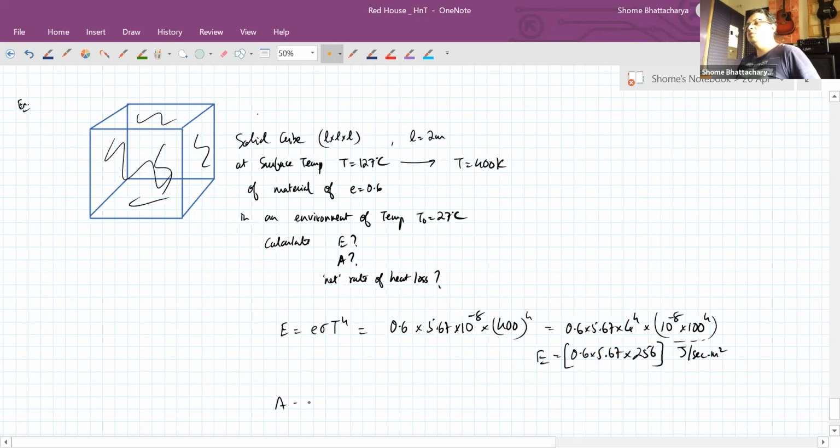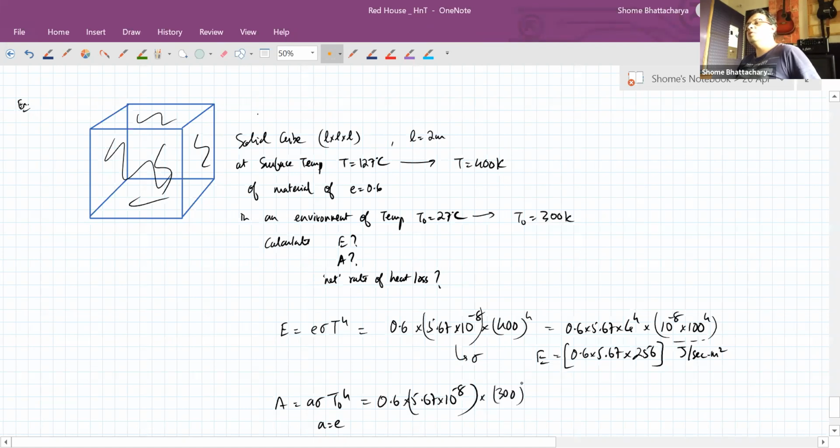Similarly, absorptive power will be A sigma into T naught raised to power 4. So, remember, A will be equal to E. So, it will be 0.6 again into 5.67 into 10 raised to power minus 8. That is our Stefan's constant. This is sigma. Okay. Into T naught. Now, T naught we will convert, and that will be 300 Kelvin.